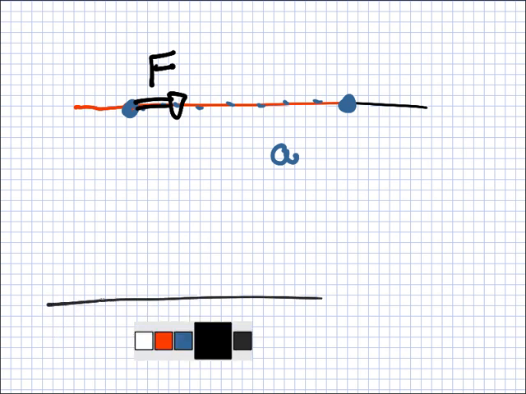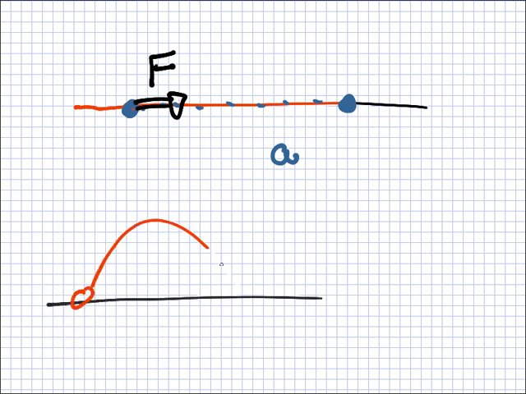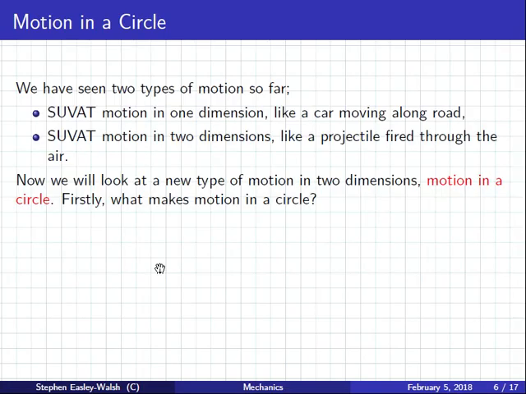If it's moving like this, it's because there's some force pulling it down here, yeah? So what makes it move in a circle?